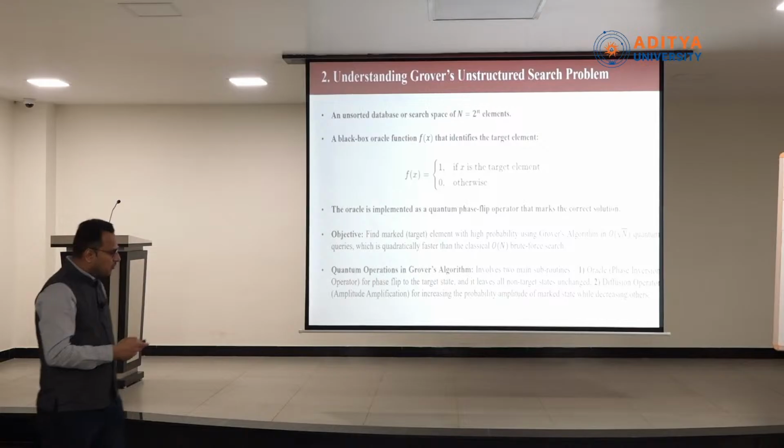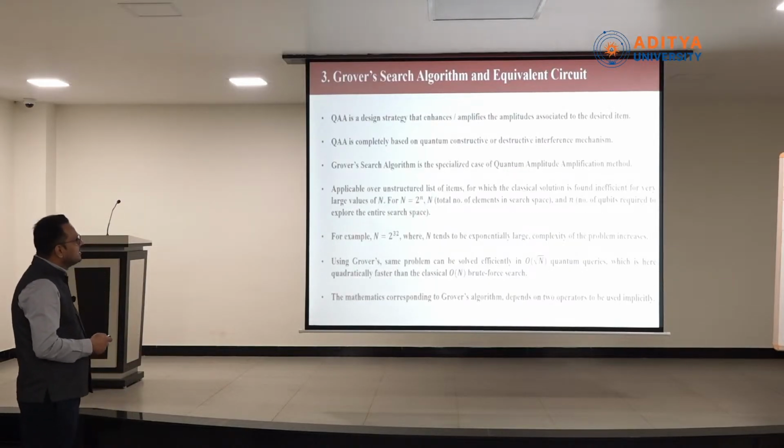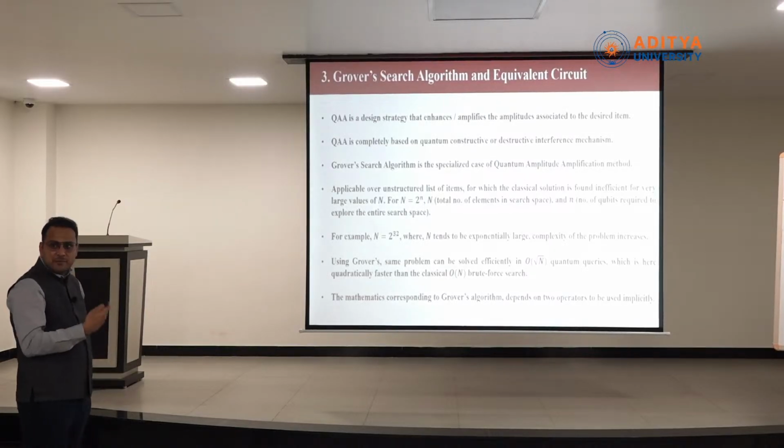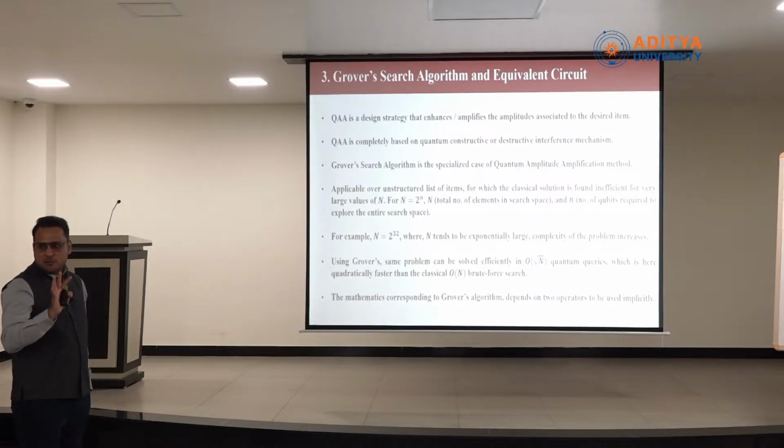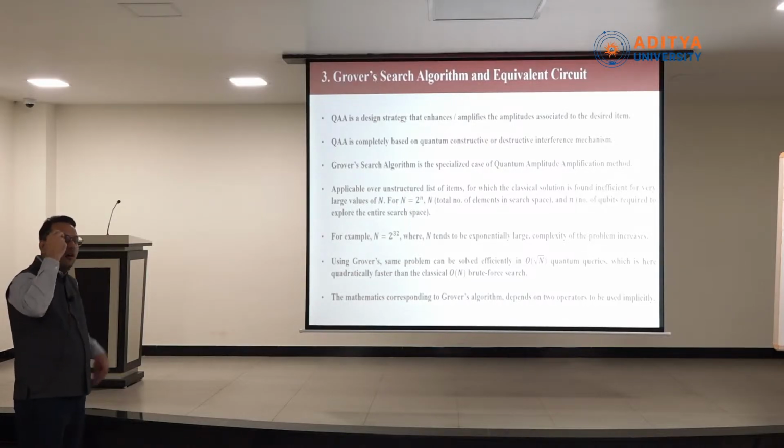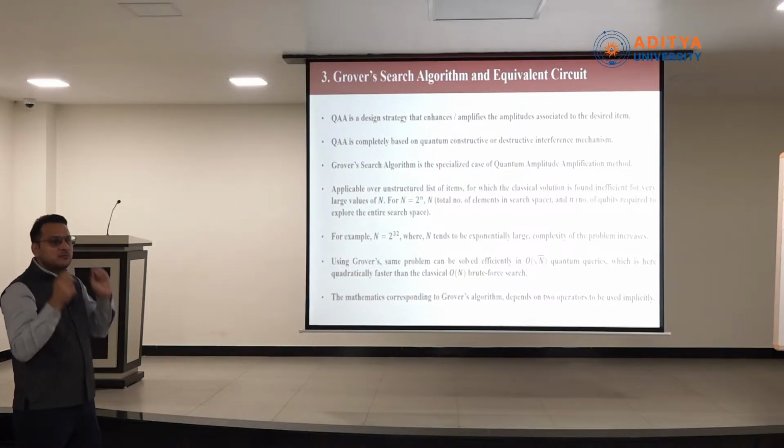Understood? It's a design strategy completely based on constructive and destructive interference, because here in Grover's only the diffusion operation is important. The diffusion is based on the amplitude amplification mechanism, for realizing the interference mechanism.